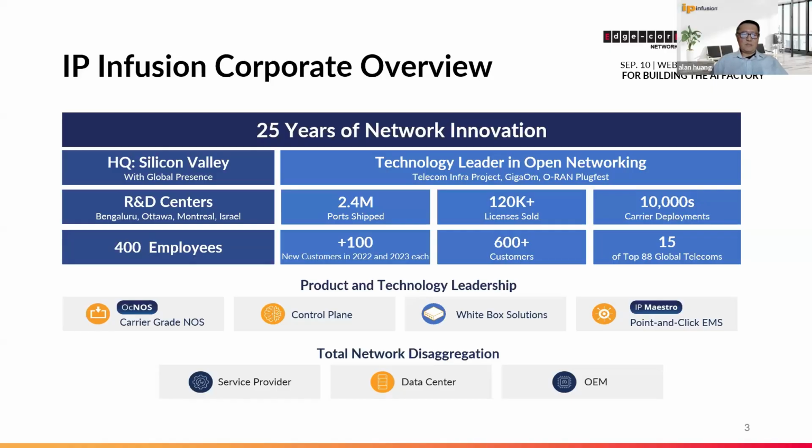Widely adopted open source projects you may have heard of, such as FRR, Quagga, and Bird, all trace their roots back to our Zebra routing protocol software created by our founders. Today, we're proudly serving more than 600 customers worldwide.